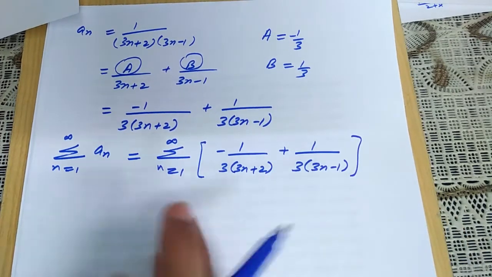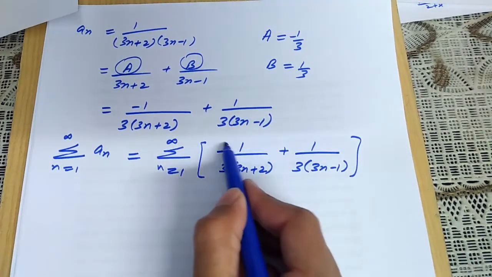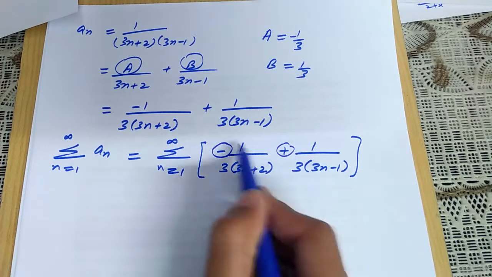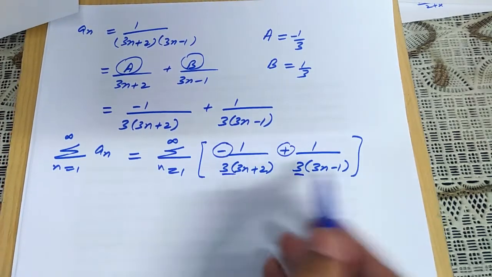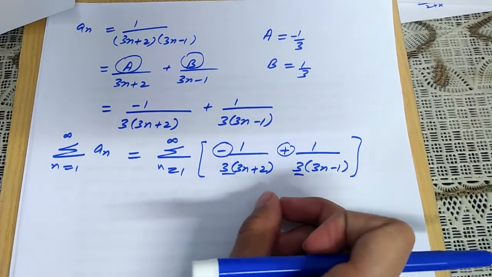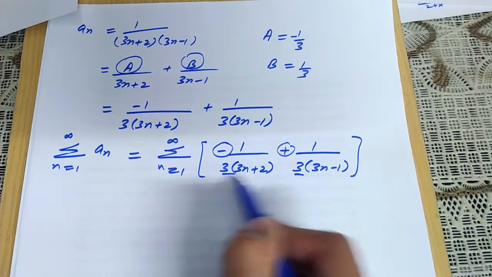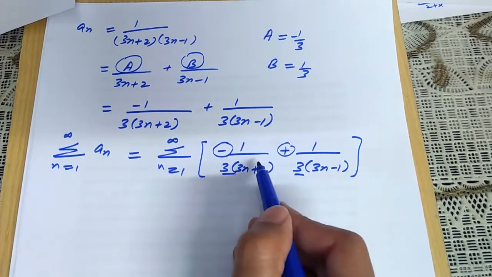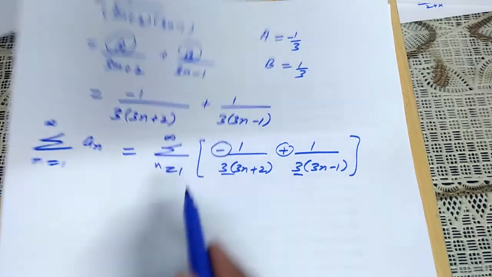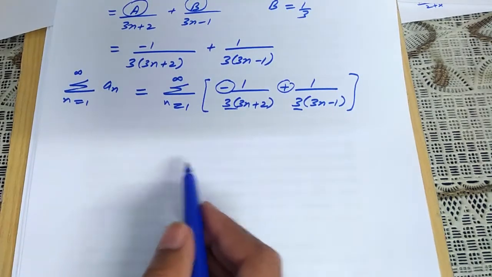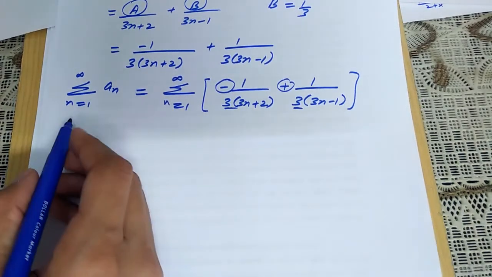Now open this series up to a few terms, because you have a negative and a positive sign here, and fractions that are similar in some sense, mostly the same terms with opposite sign. Starting from n equals 1, maybe we can get a telescoping sum. Let's see what we get here.